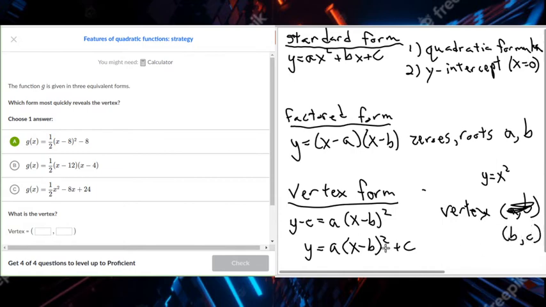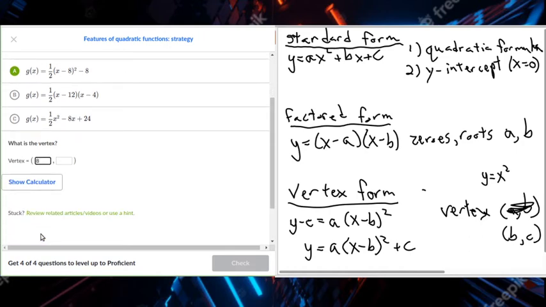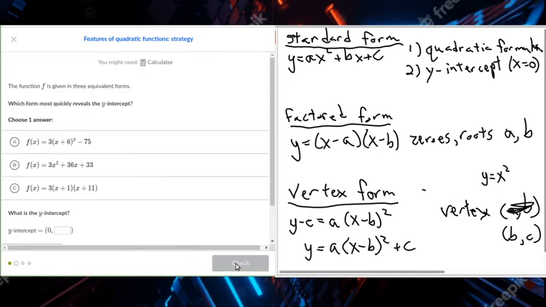Sorry about that. So x minus b is x minus 8, so x is 8. And plus c, plus negative 8. There we go.